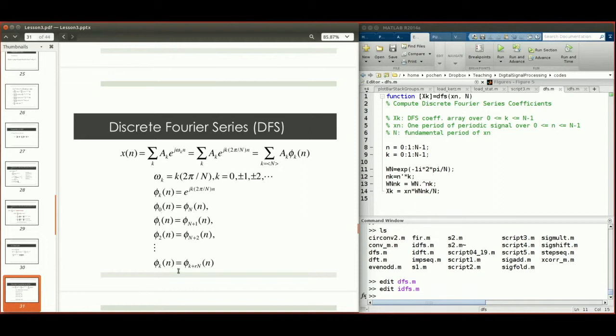And this periodicity with respect to k can be summarized in this particular formula: phi kn equals phi k plus r times big N, where r is an arbitrary integer. So if r equals 1, then phi 0 equals phi big N n, phi 1 equals phi big N plus 1, phi 2 equals phi big N plus 2. It's exactly the formula that I gave here, right?